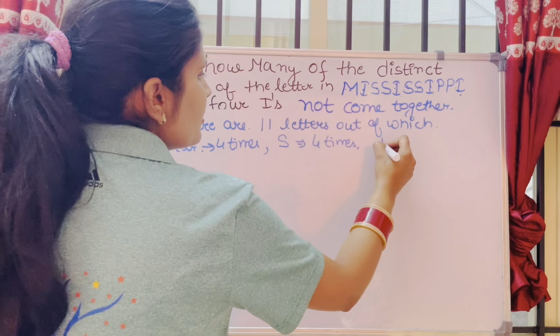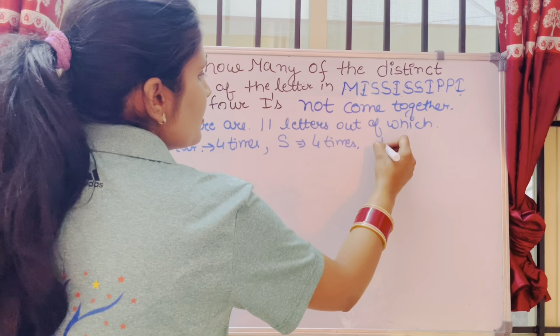So first we will find the total number of words, or arrangements, that can be formed from these given 11 letters. So 11 factorial, and in the denominator the repeated elements are written: 4 factorial into 4 factorial into 2 factorial.